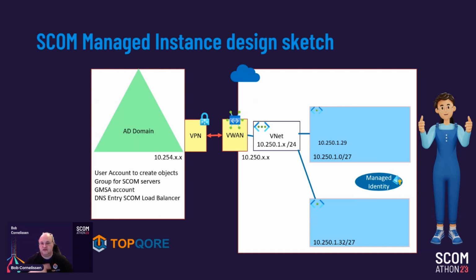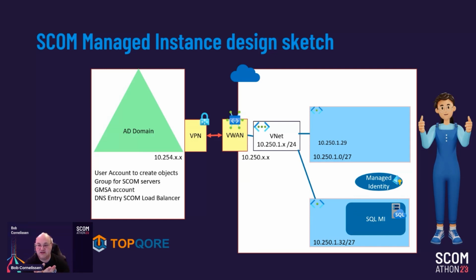The next button, actually, let's click it, is the SQL MI. So you are deploying SQL MI in that subnet there at the bottom. It will take about 6 hours to deploy after you finish running through the wizard, and then you will have a SCOM MI.